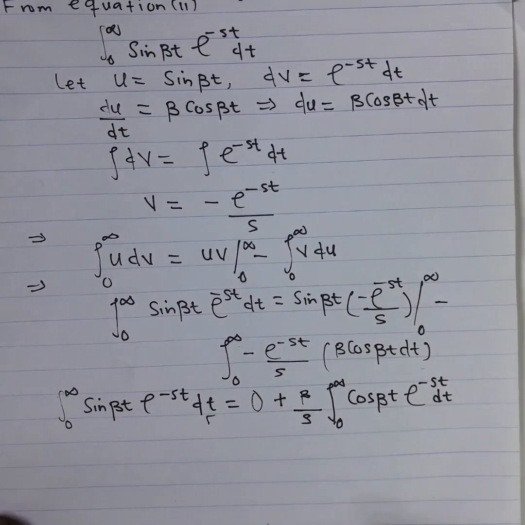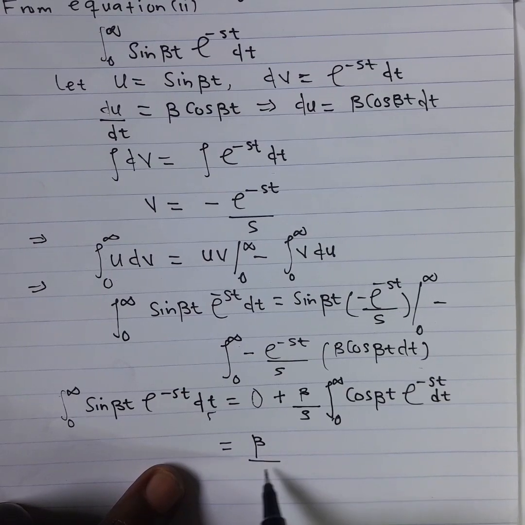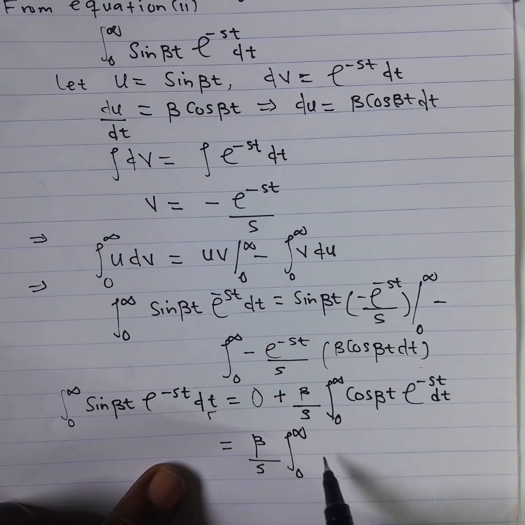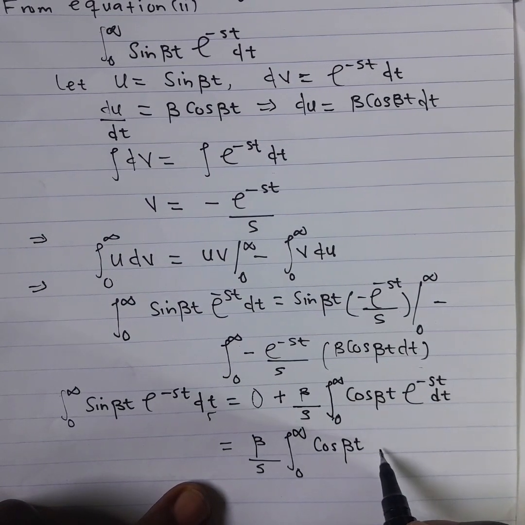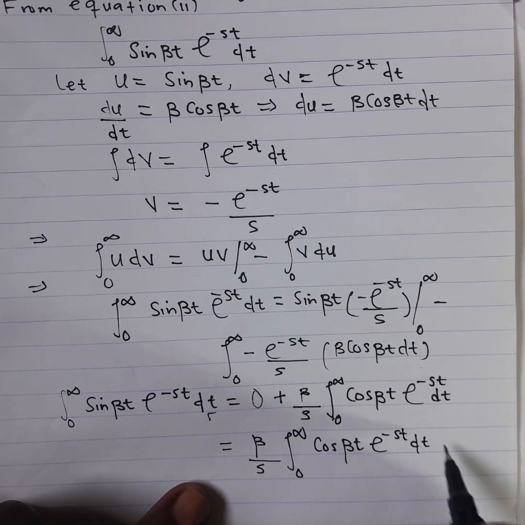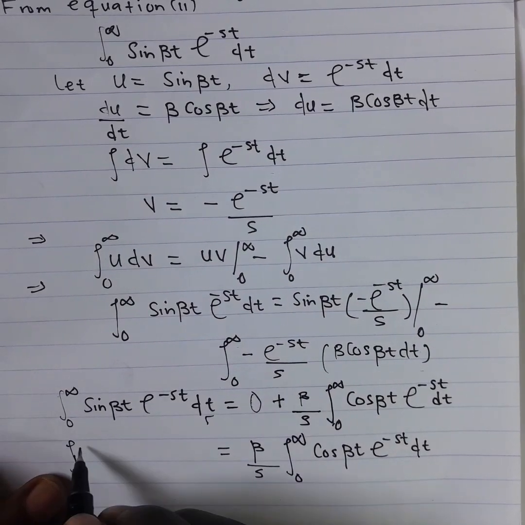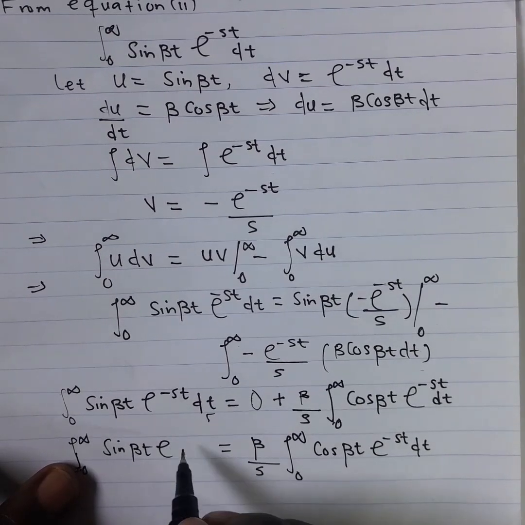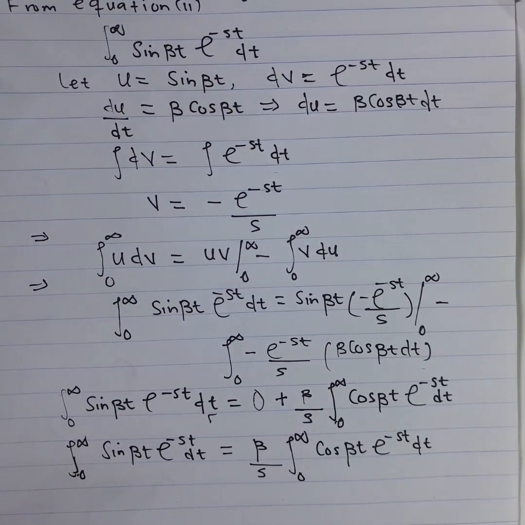So what we are going to have is beta divided by s times the integral from 0 to positive infinity of cos beta t exponential minus st dt, equivalent to the integral from 0 to positive infinity of sine beta t exponential minus st dt.